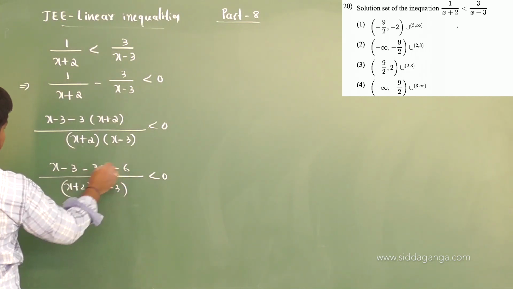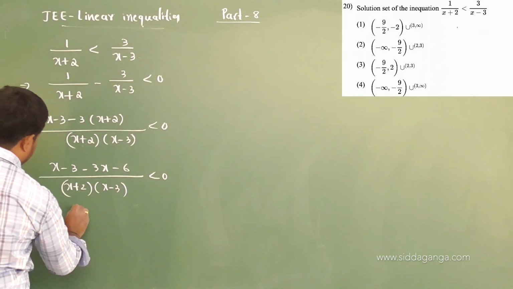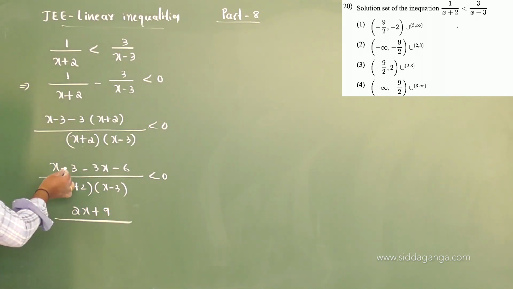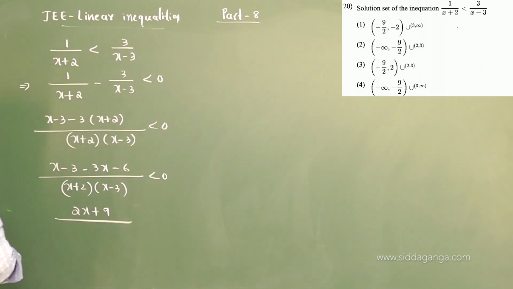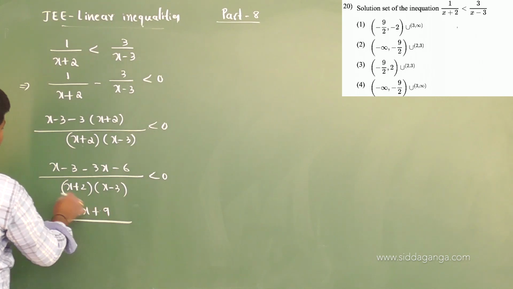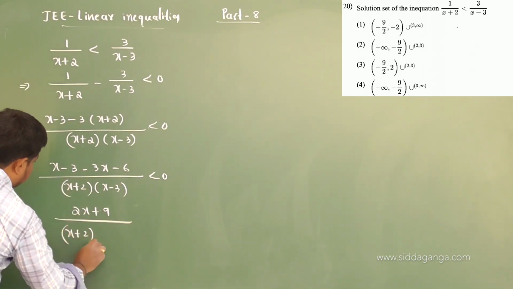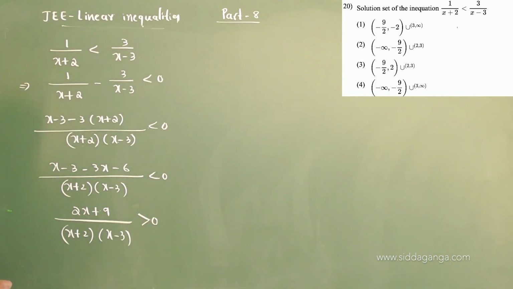So, minus 2x minus 9. So, minus of 2x plus 9, I am going to multiply by minus 1 on both sides. You get plus 2x plus 9, right? So, you get this 2x plus 9 over x plus 2 into x minus 3, which becomes greater than 0 because I multiplied by minus sign.